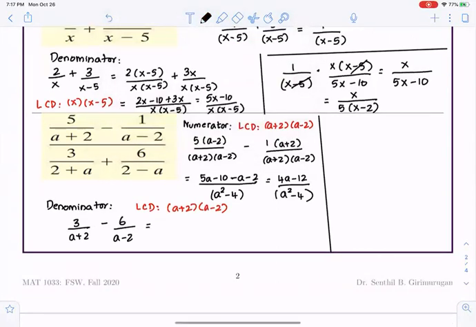So I've got to multiply and divide the first expression by a minus 2. Multiply and divide the second term by a plus 2.